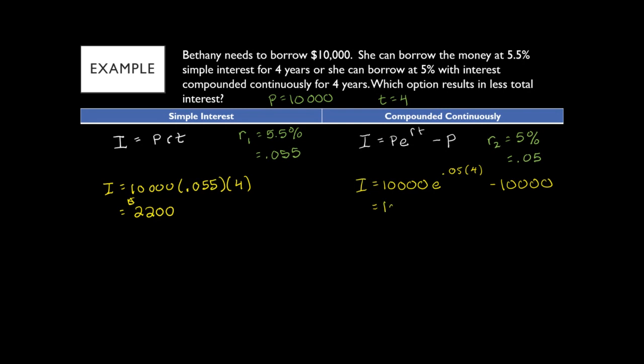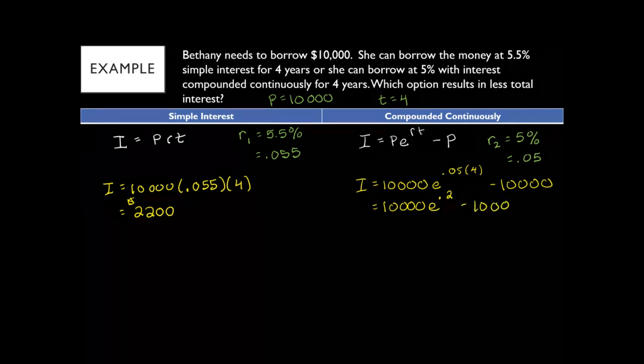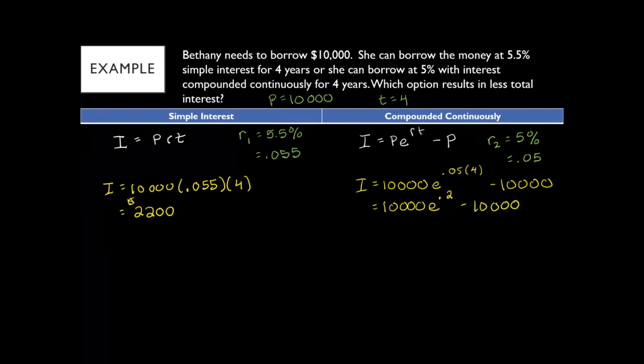So we've got 10,000 e to the 0.05 times 4. So that's 0.2, minus 10,000. And this is going to get kind of messy. So on my calculator, I'm going to do e to the 0.2, and then multiply it by 10,000 at the same time, just so that I can fit all of this here.